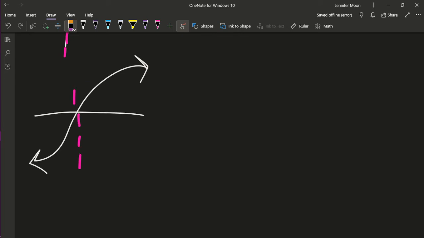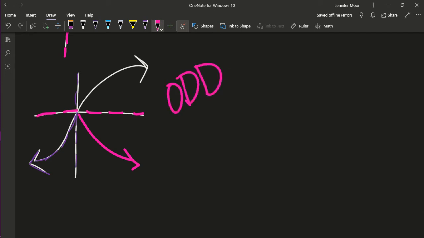But if I fold it along the x, so now I'm looking at something similar to this. And then if I fold it along the y, this is actually going to lay on itself, which means that this would be an odd function because it has symmetry with respect to the x and the y-axis, or it has symmetry with respect to the origin. Okay.